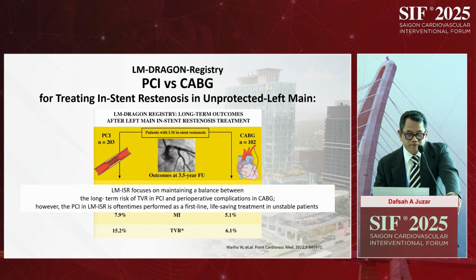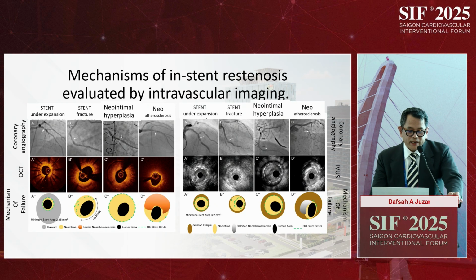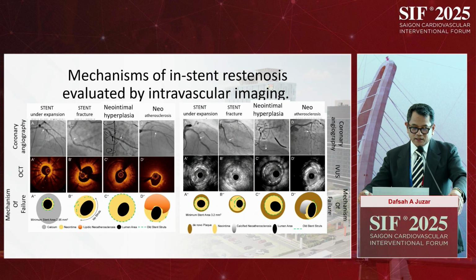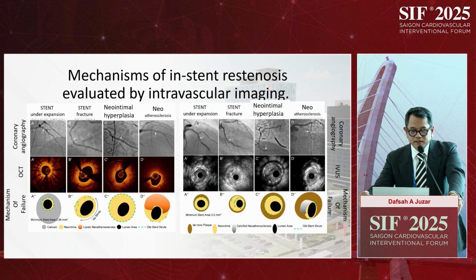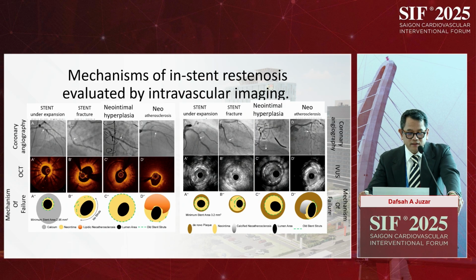However, PCI in left main ISR is oftentimes performed as a first-line lifesaving treatment, especially when the patient comes in the acute setting. For the mechanism of the restenosis, I think it's very important to understand the mechanism so you can reduce the second restenosis after you intervene.